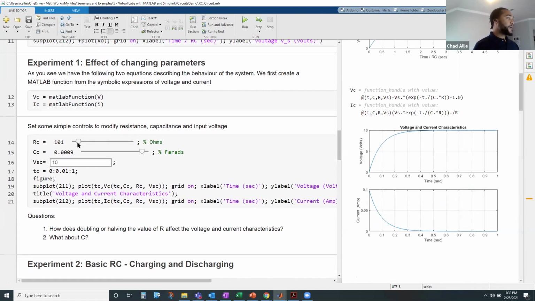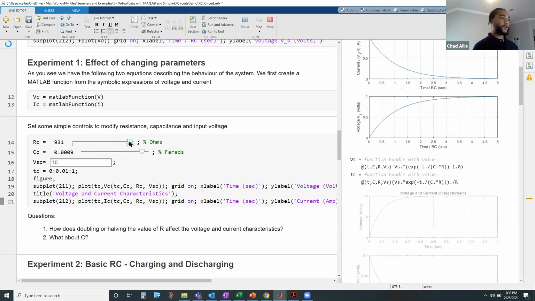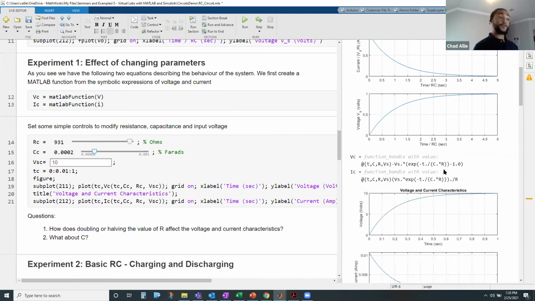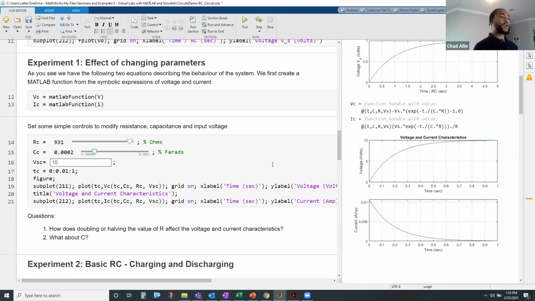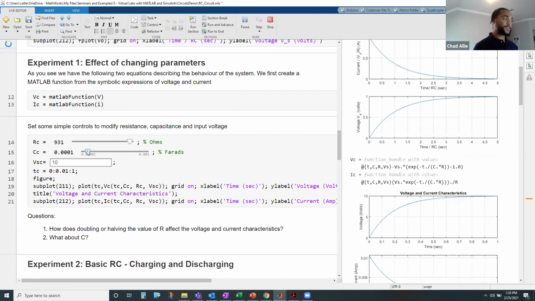So here, I have some sliders that focus on changing the resistance and the capacitance. And so you can see the two visualizations to the right, and students can use these to build intuition and understand how it's going to change based on these changes in the values, to get some understanding of what happens in the system, whether you have a high capacitance or low capacitance, or whether you have both a high resistance and a low resistance, and even changing what the voltage source is.